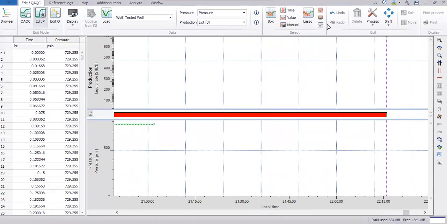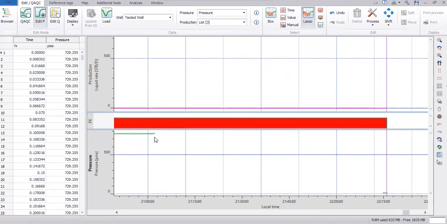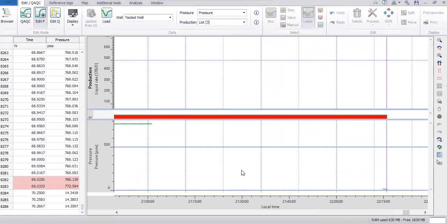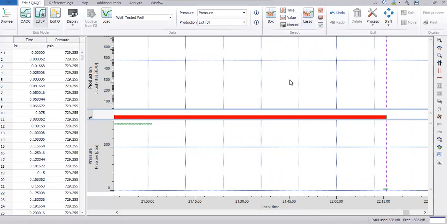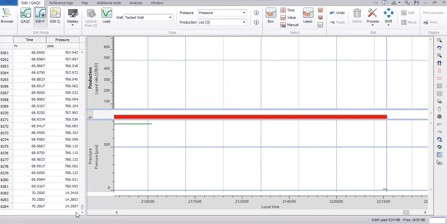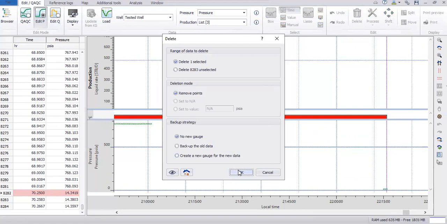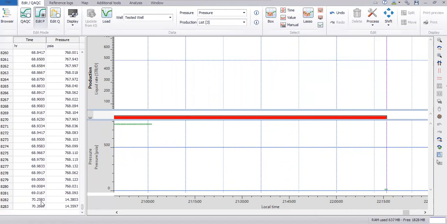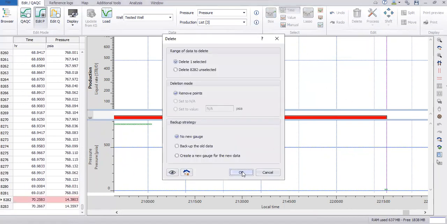Okay, and then I'm going to use. Okay, and so the last point, delete this one, delete.